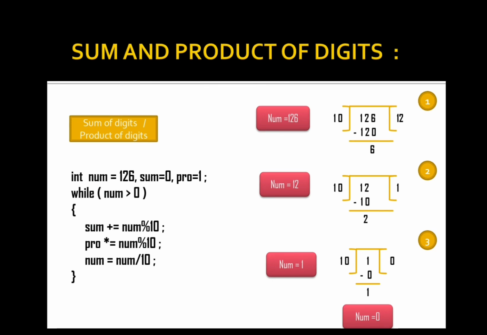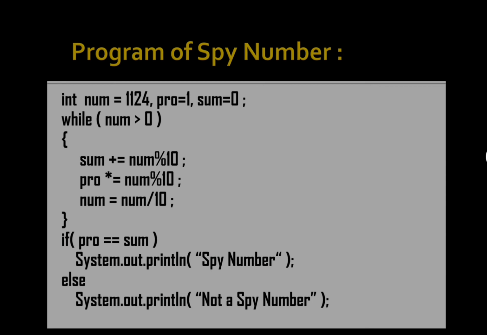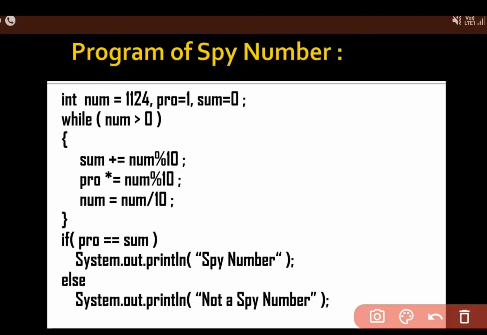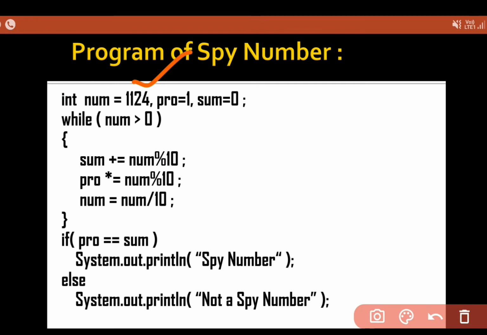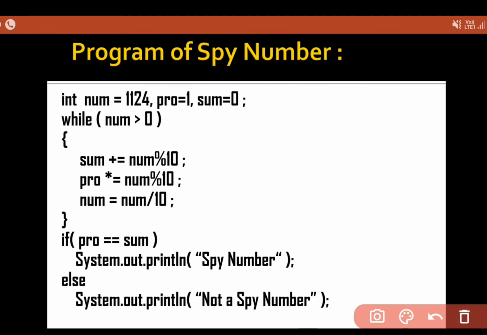I have to use this logic in my spy number program. Here I have my number, 1124. I'm initializing product with 1 and sum with 0. The same logic I had written here. When the product and sum are both equal, it is said to be a spy number. If not, then it is not a spy number.